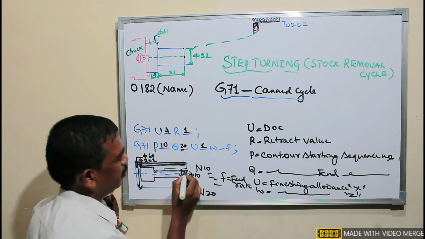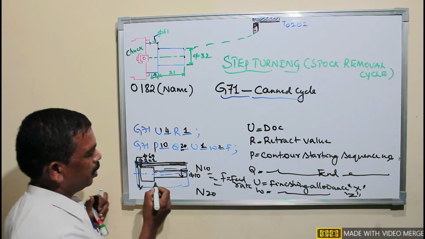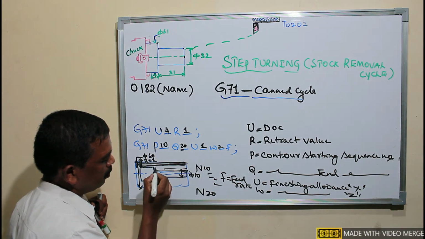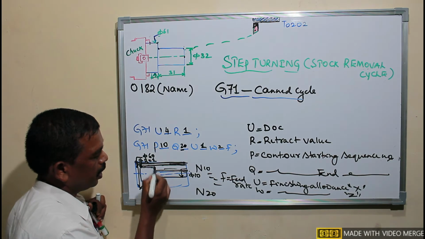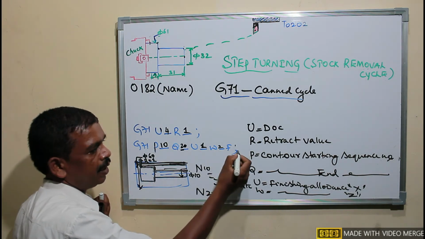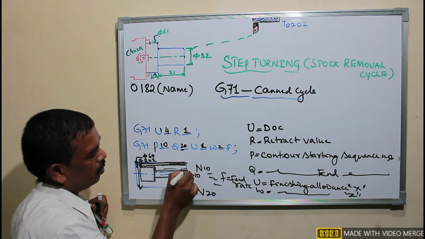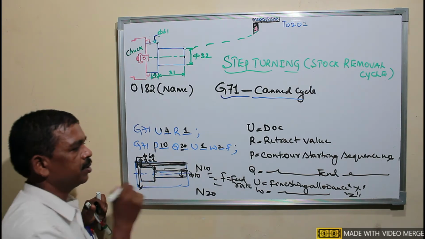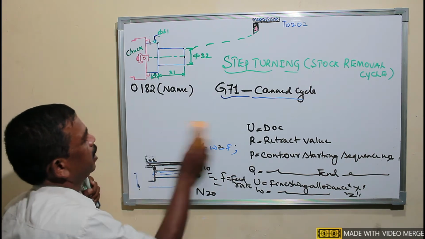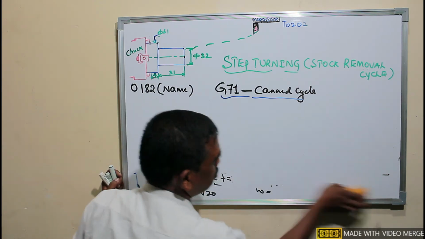And then W. If I write 2 here, the finishing allowance will be along the Z axis. It will leave 2 mm stock here along the Z axis. And F is the feed rate for shaping this workpiece. Now I will write the program for this stock removal.